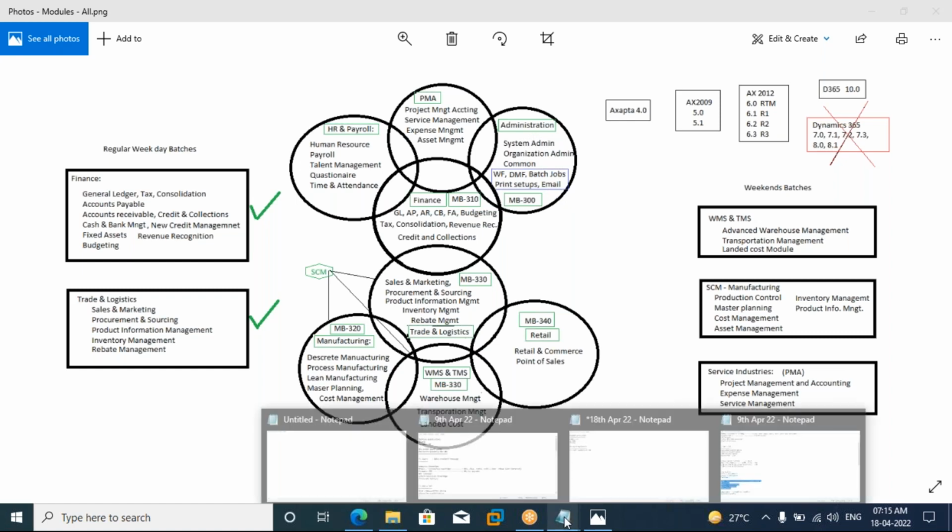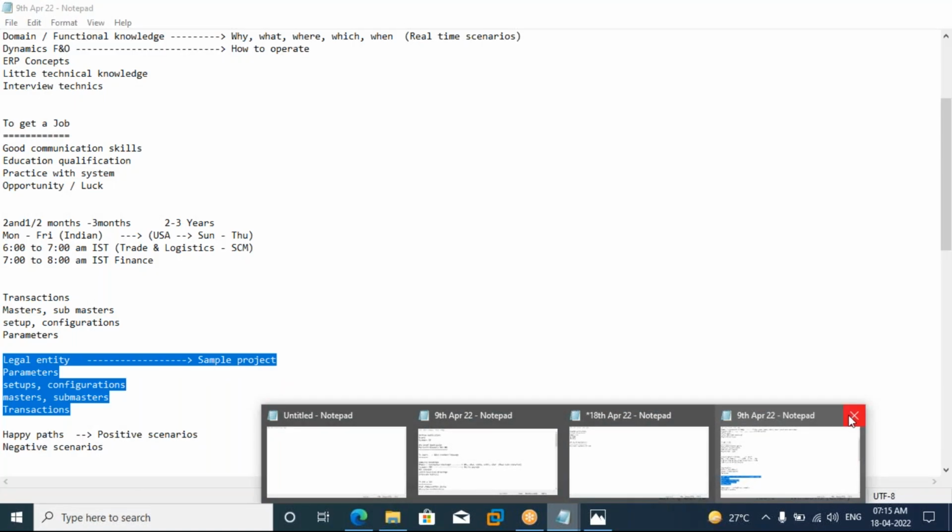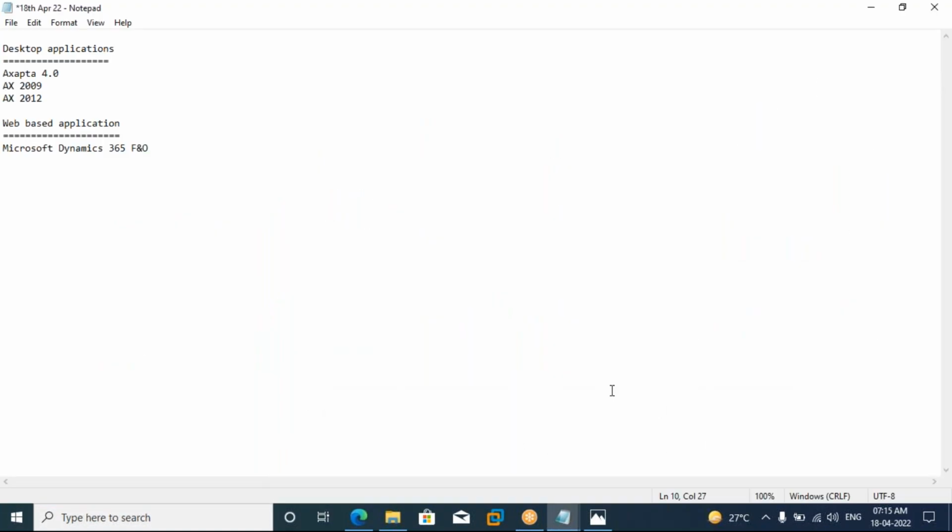Fine. Now, if you want to learn any ERP, this is an ERP. It is called ERP, Enterprise Resource Planning.